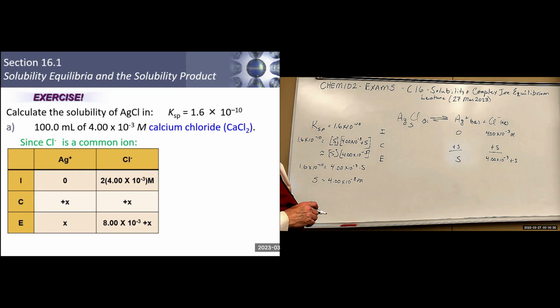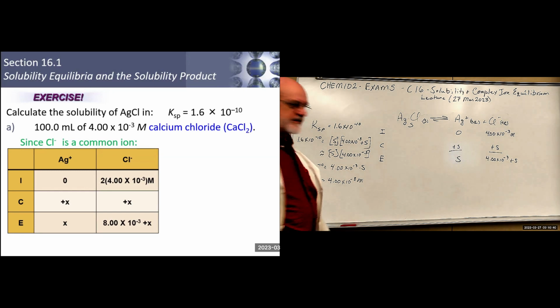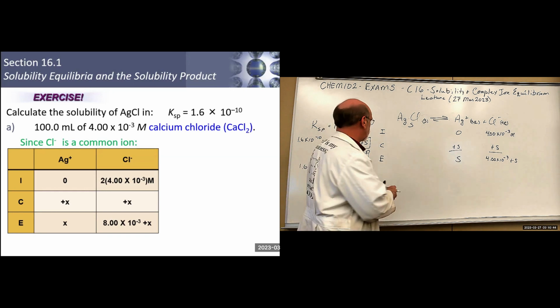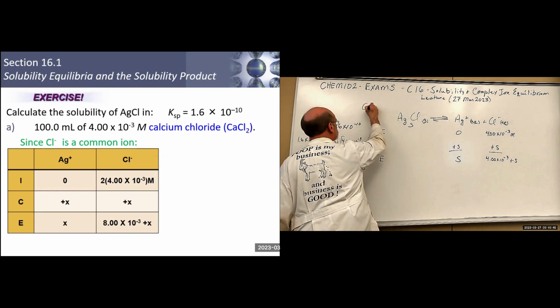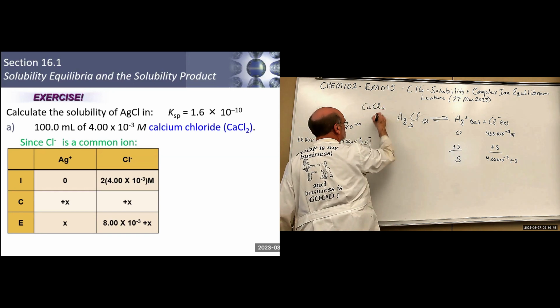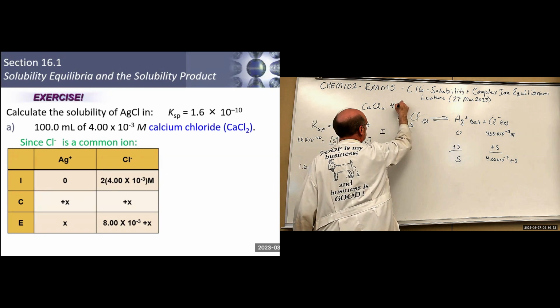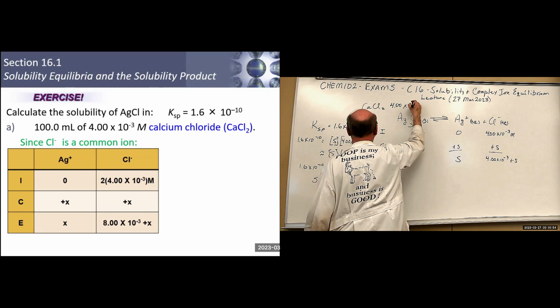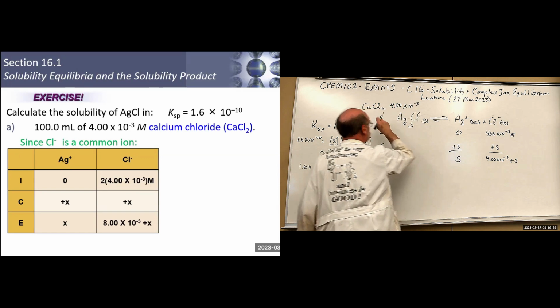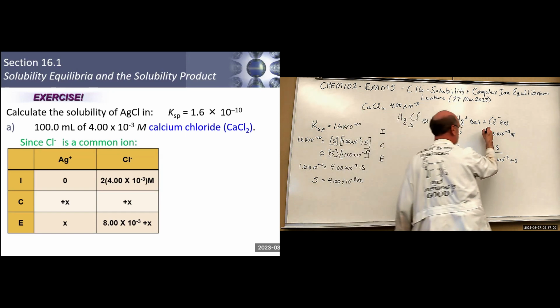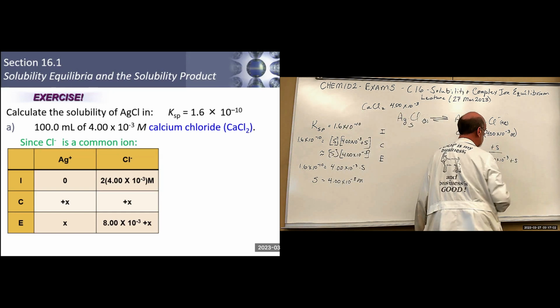Hold on a second. What did I do wrong? Oh, shoot. I hate myself for doing that. And nobody stopped me. When calcium chloride goes into solution at 4 times 10 to the minus 3, what's the concentration of chloride ions? It's 2 times that.